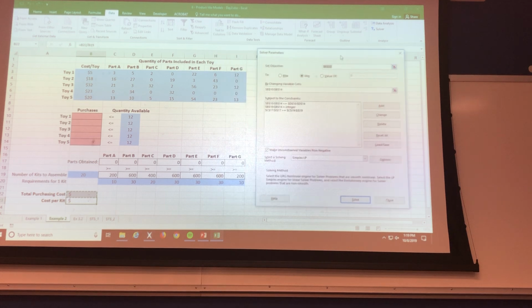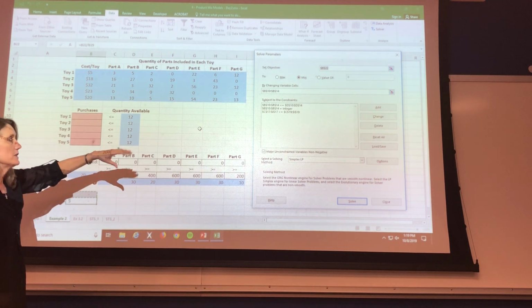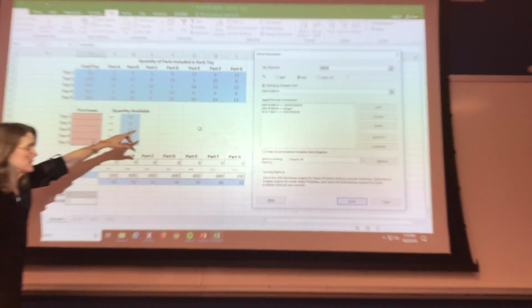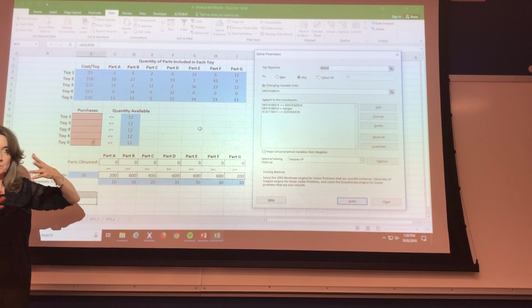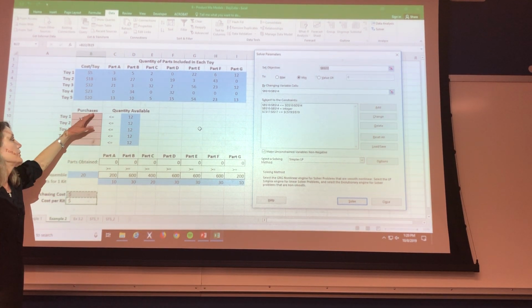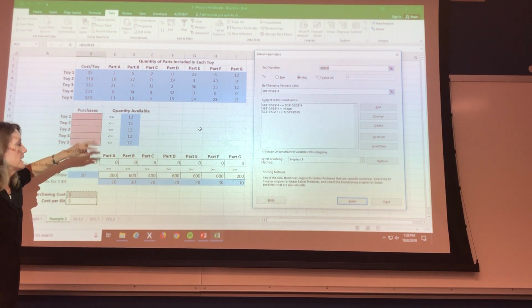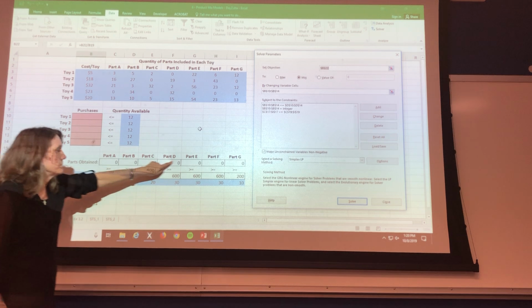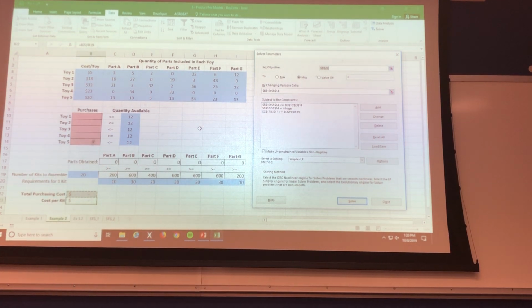So here's what you have. You're minimizing B22 by changing B10 to B14, and your 3 constraints are, in order of the way that they're listed up there, stop Excel from telling you to buy any more than 12, because that's all the store has. Make these integer, and then make sure you get as many parts as you will need for all 20 kids.